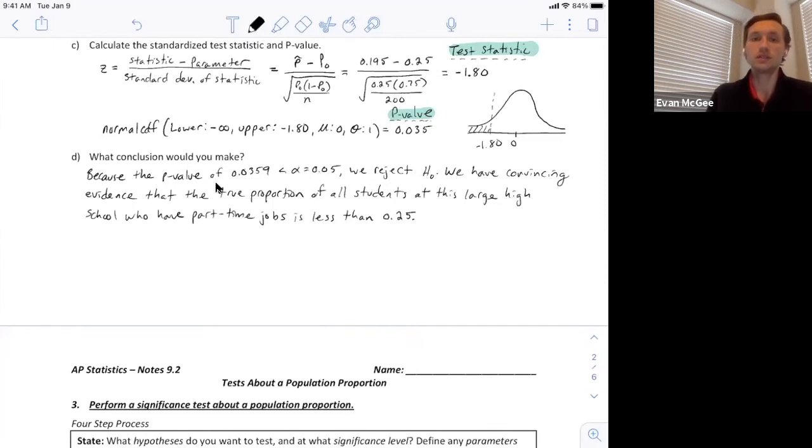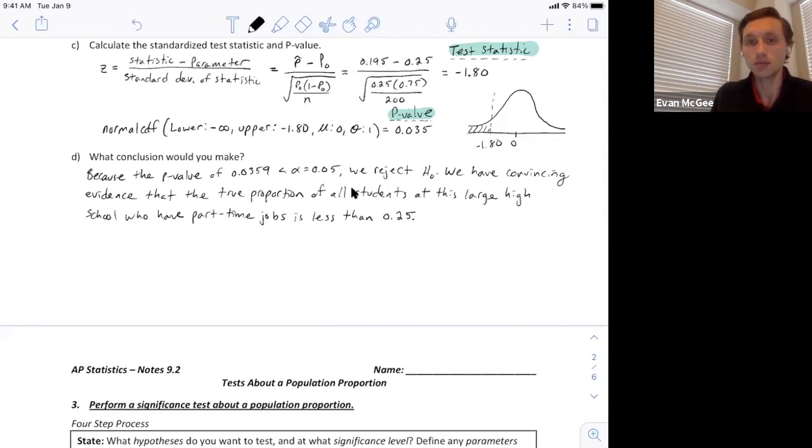We have convincing evidence that the true proportion of all students at this large high school who have part-time jobs is less than 25%. So the way that we word this is really important. We have to make sure that we measure our p-value against our alpha level. We say we reject the null, and we need to say that we have convincing evidence, because you can't reject until you have that convincing evidence.